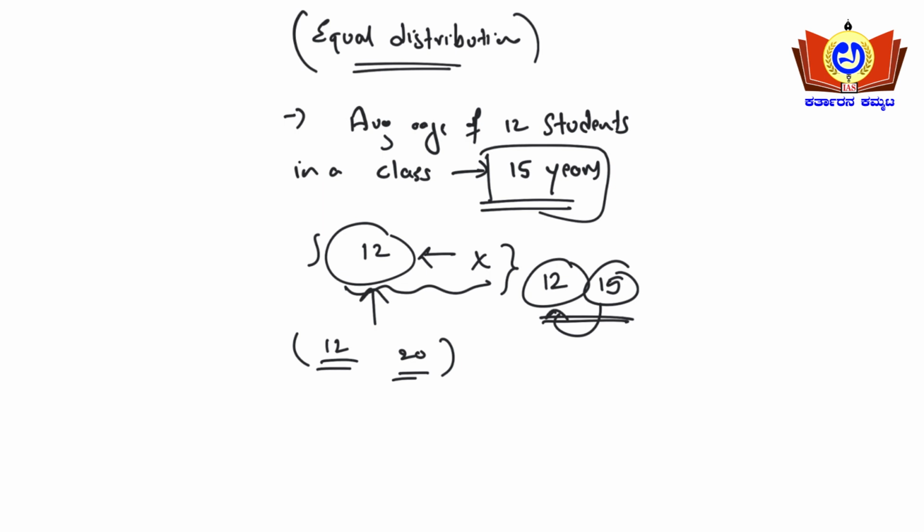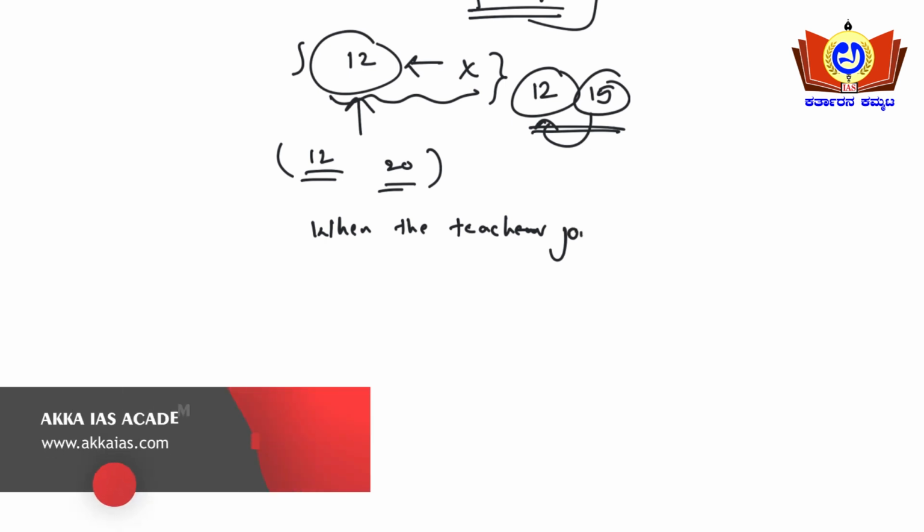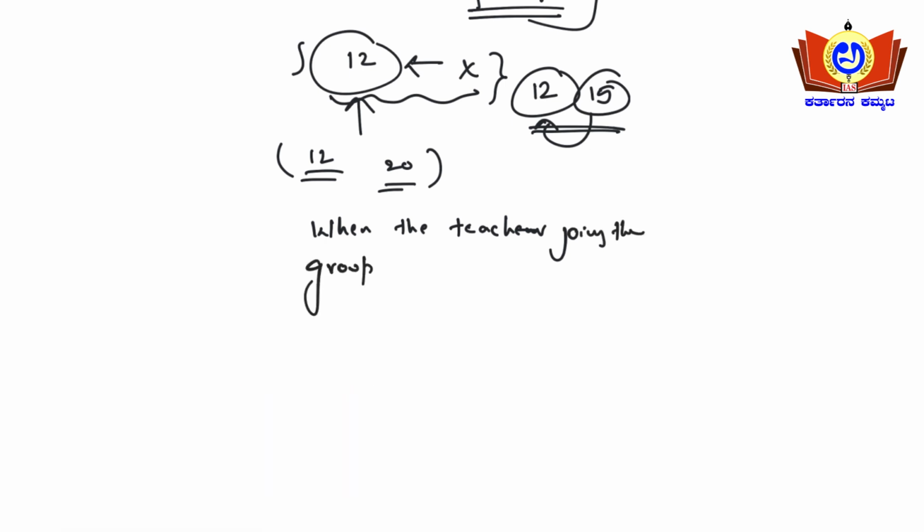This is the understanding when you read this statement: average age of 12 students in a class is 15 years. The next part of the question: when the teacher joins the group, one more person is added to the group.